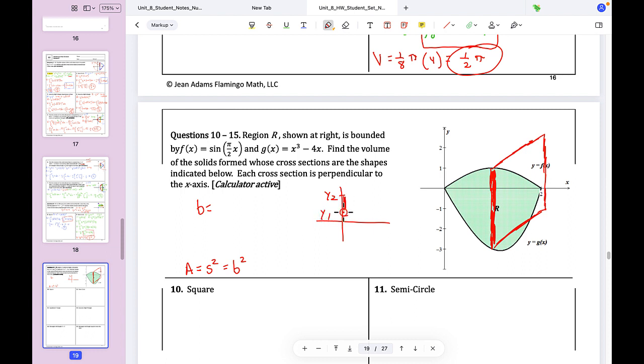To find the length of that line segment, we do y2 minus y1. It doesn't matter if y2 is down here and y1's up here. That's fine. Still doing y2 minus y1, okay? So it's the same idea, same concept. It's going to give us the length of that line segment.